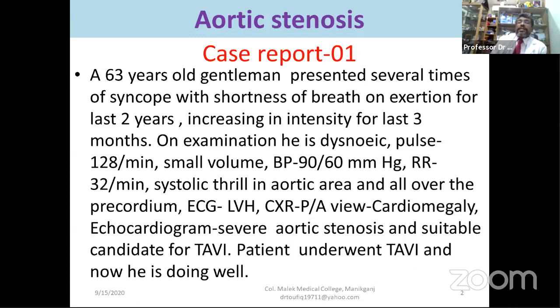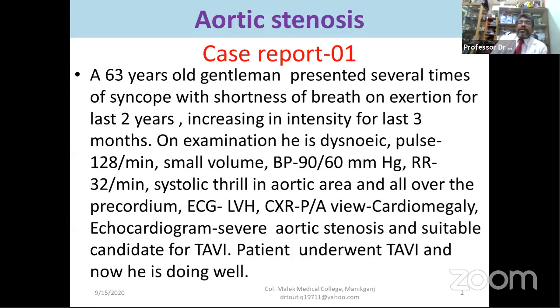By diagnosing the severity of the stenosis or regurgitation, we decide what treatment the patient will need. It may be intervention, or the patient may need only medical treatment, or surgical treatment also. So which type of treatment a patient needs depends on the severity of the valvular involvement. And this severity we usually detect by echocardiography with color Doppler study.